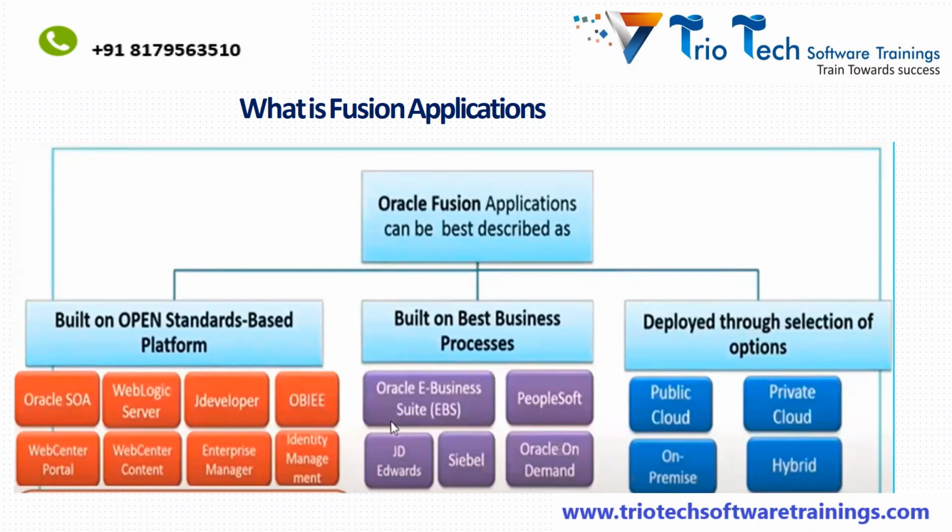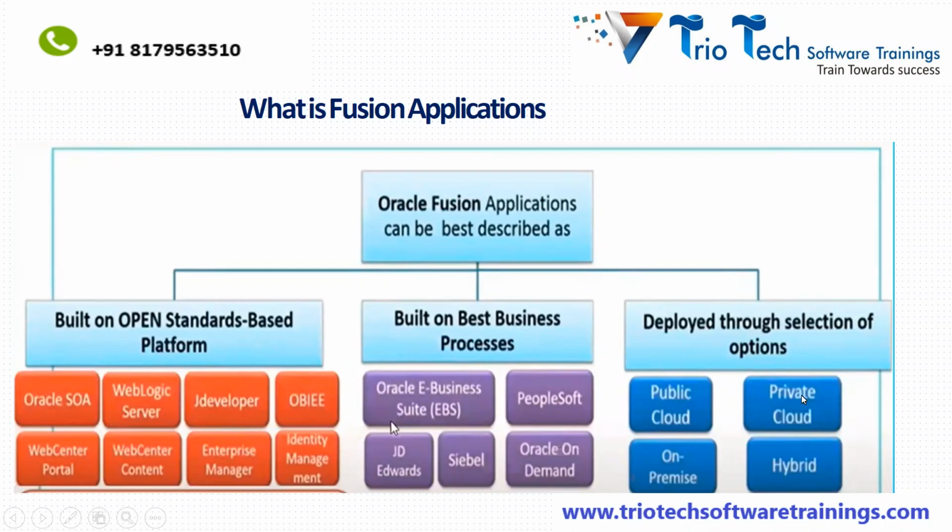Assume there is a company, ABC Corporation, and they are into multiple businesses. They have HR divisions, SCM, and they are also doing procurement and selling business, and they are operating on finances. Once they decide to implement cloud, they have to buy the subscription from Oracle for the Fusion Cloud.